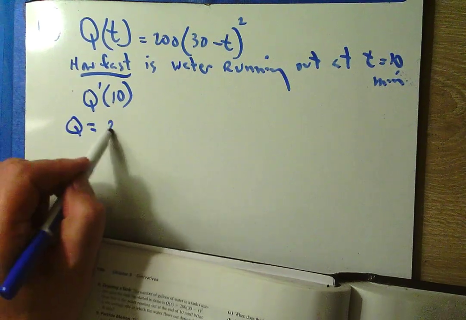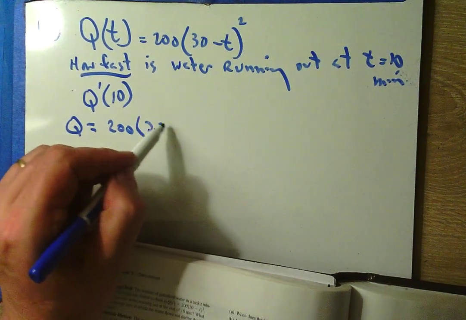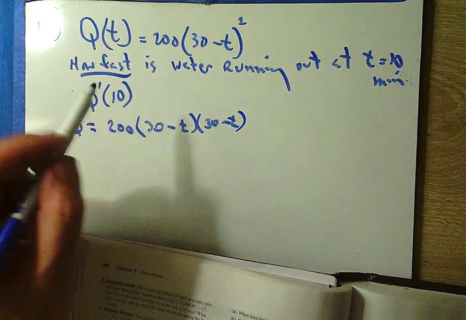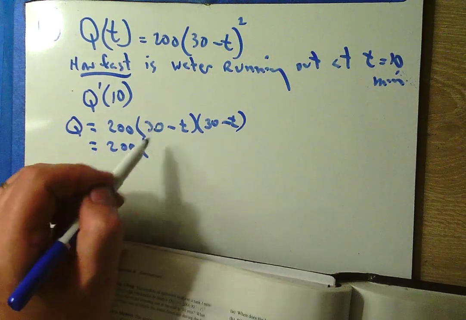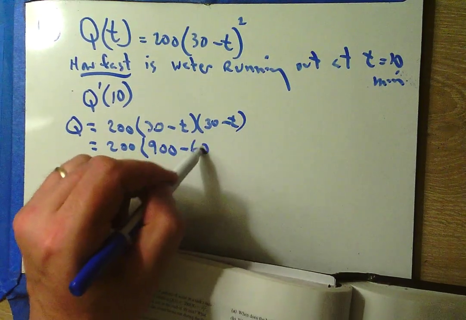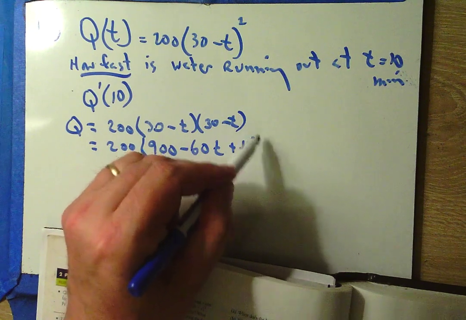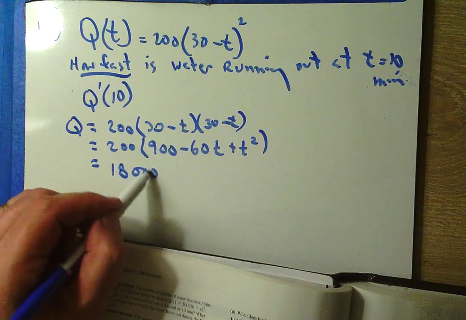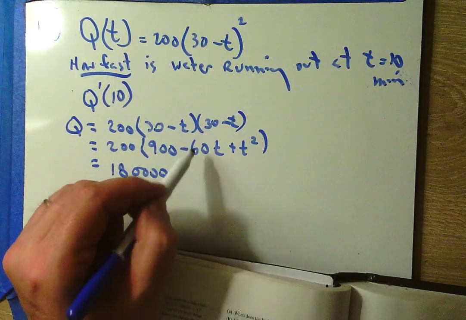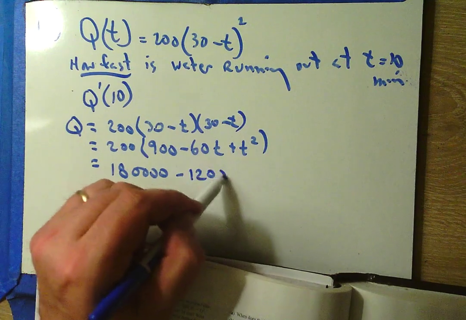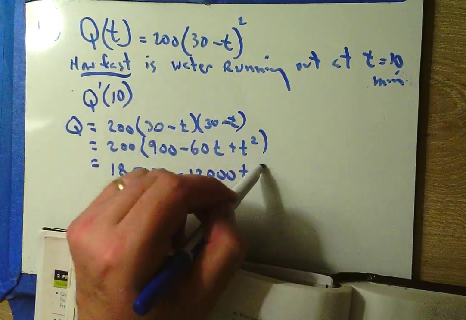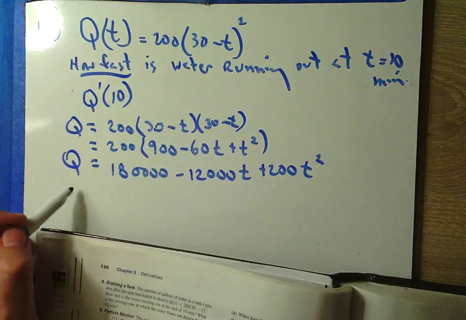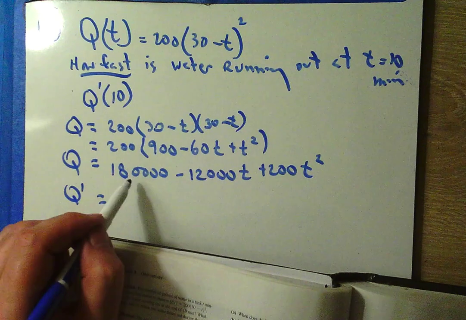We know that q equals 100 times 30 minus t squared. Well, that's going to be 900 minus 60t plus t squared. And when I distribute that 100, I get 90,000 minus 6,000t plus 100t squared. That's q. So q prime, the derivative of this is 0.